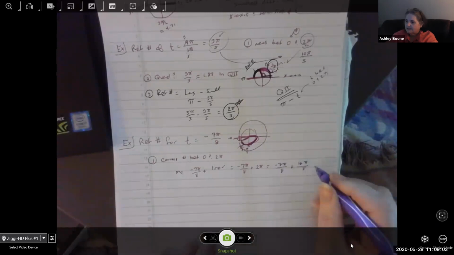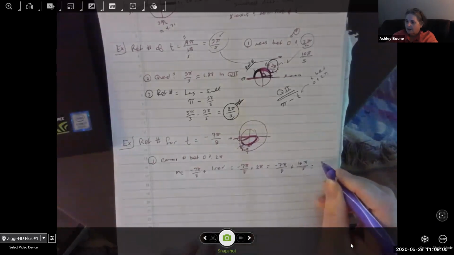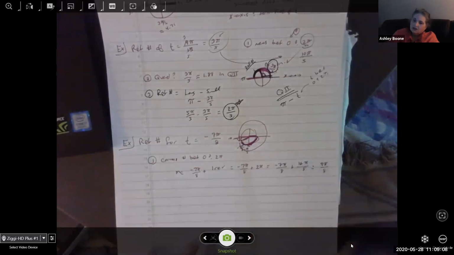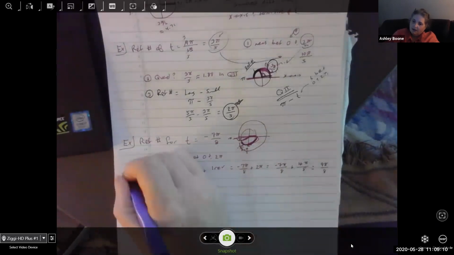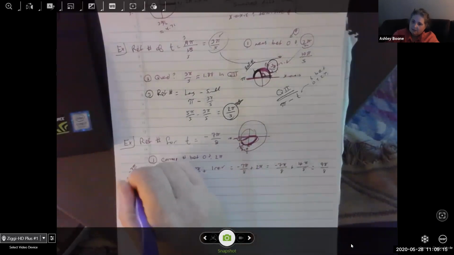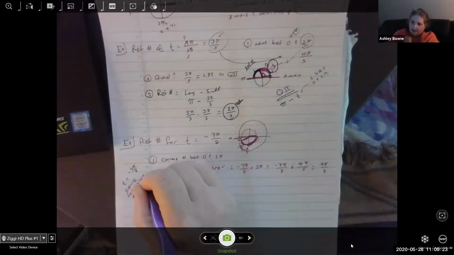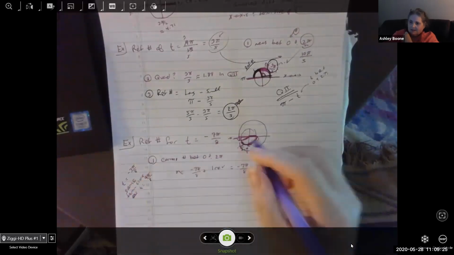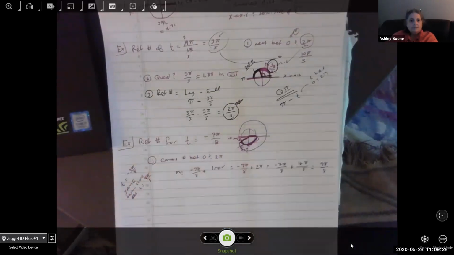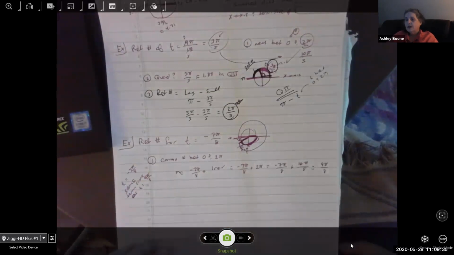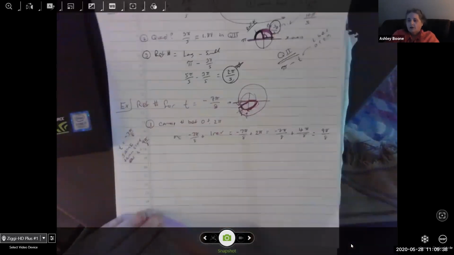Negative 7 plus 16 is a positive 9 pi over 8. So a t value of negative 7 pi over 8 has the same terminating side as a t value of 9 pi over 8. They end up in this same position, okay? So that's your first step. Get a value that's within one revolution of a circle. Now, what quadrant are we in?